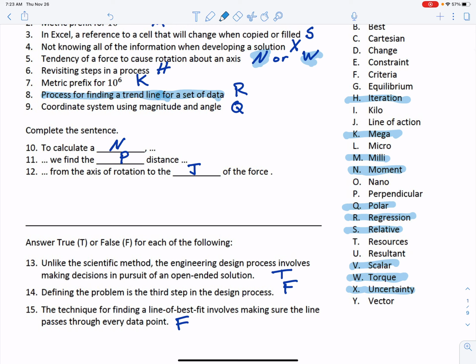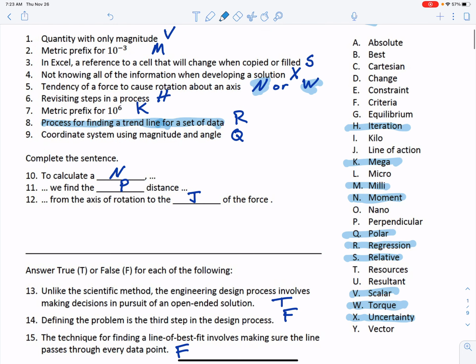All right. Then we get to this 3-part thing that has one sentence. All right. So let me read through that and you'll see what was intended here. I think I was pretty lenient on item 10 because it wasn't really clear. All right. So to calculate, I look over here, moment.